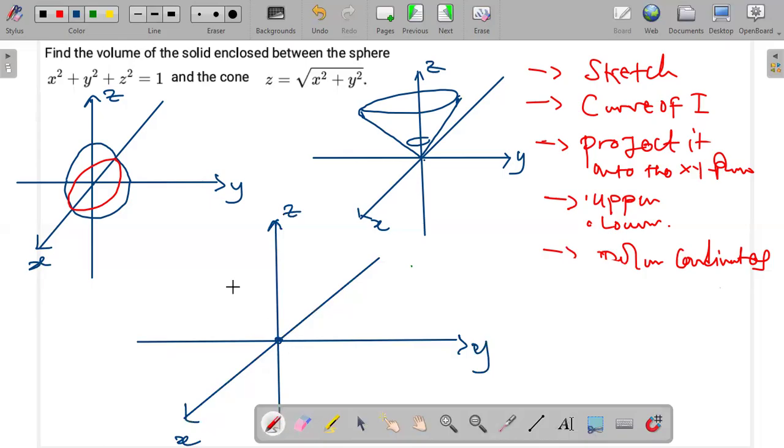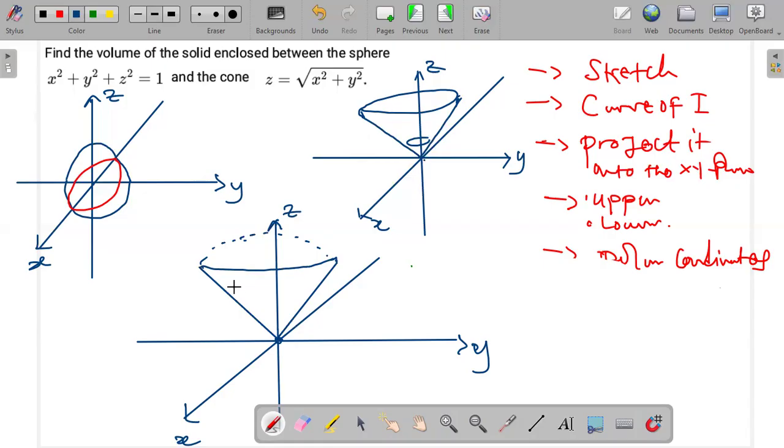The cone is something like that. Let me use straight lines and then go like that. Okay, so this is my cone here.